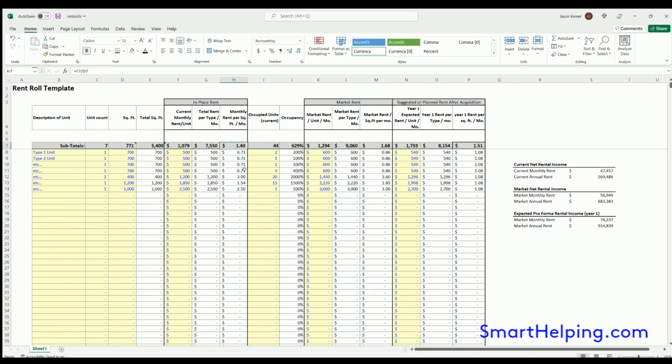Now here you can see the rent per square foot is changing. Why? Well, because before we had 44 units at 400, but we had 33 units at 1,200. So it was a little bit of a different makeup. Having one of each with these square feet, it's now a little bit different. Now we only have 5,400 total square feet. The average rent per unit in place is 1,079.